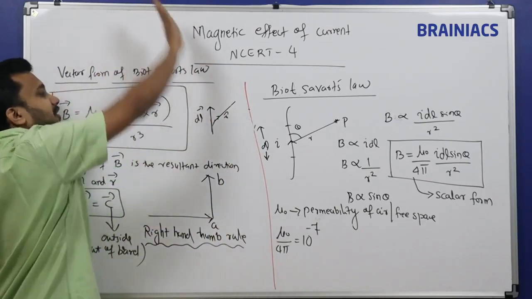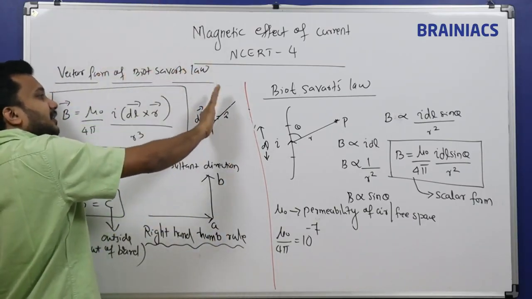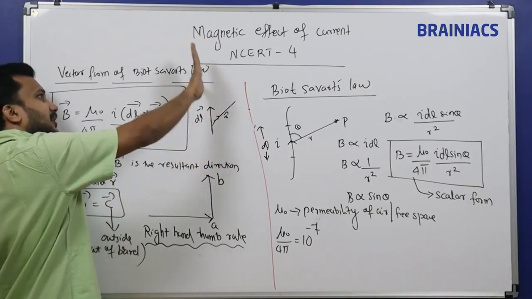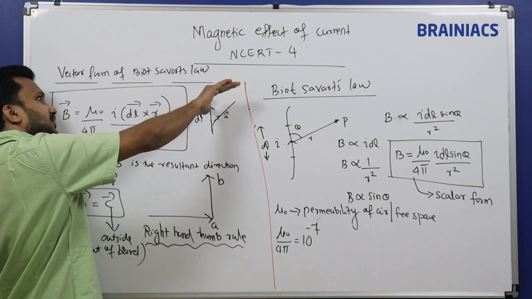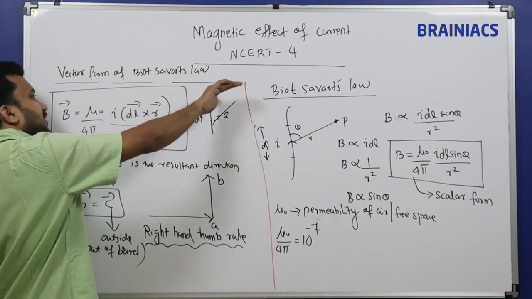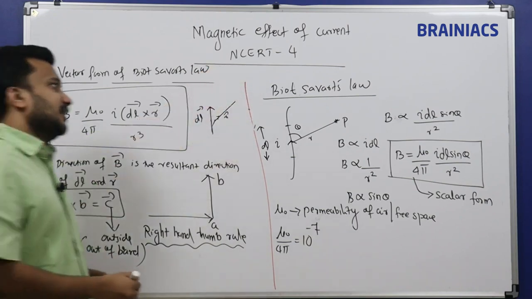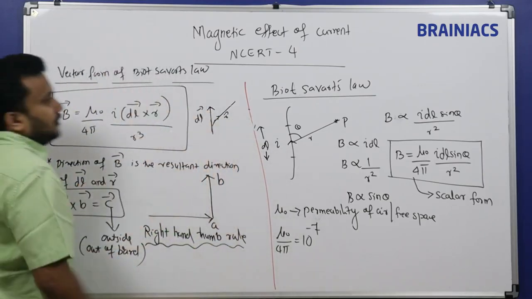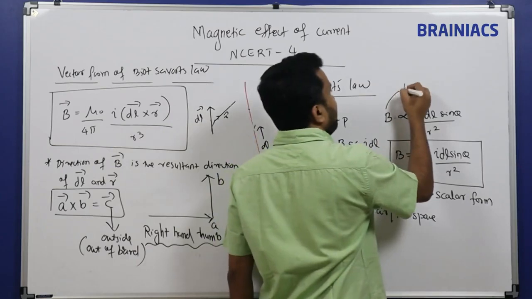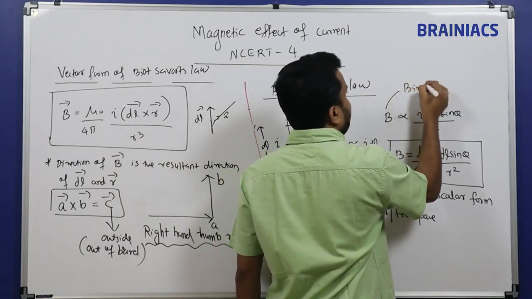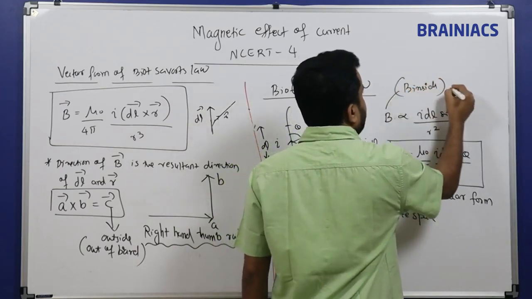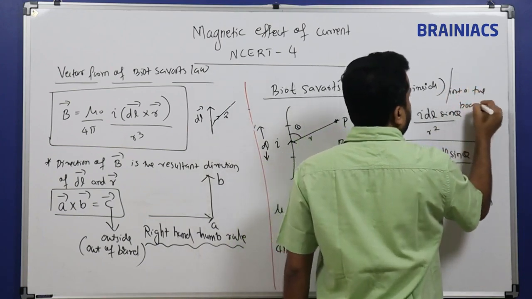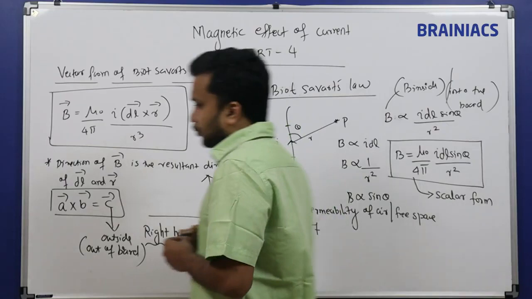So DL is upside and the R vector is in this direction. Correct? So for DL cross R, you just tilt it, and you can see your thumb is going inside. So based on the diagram, the magnetic field is inside, or into the board.